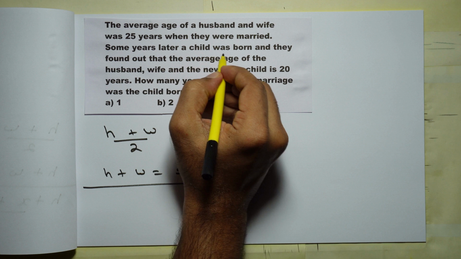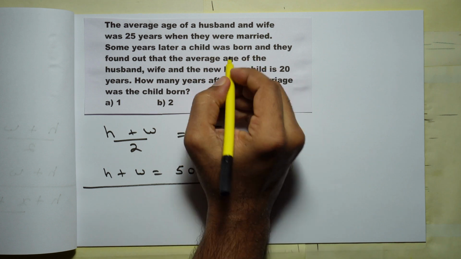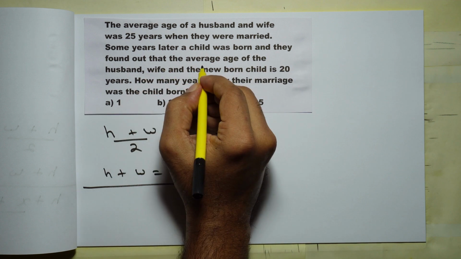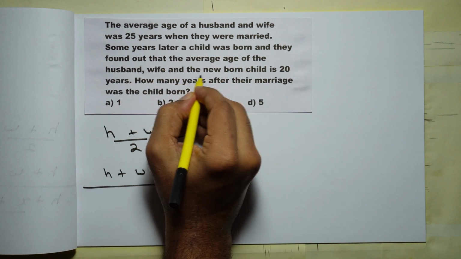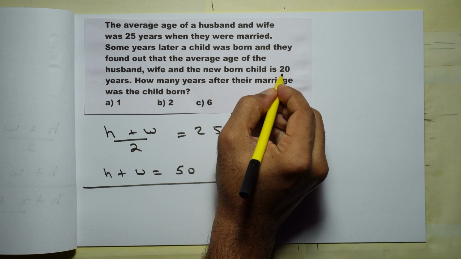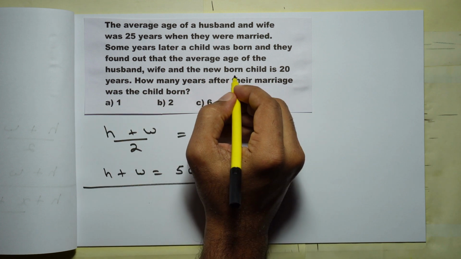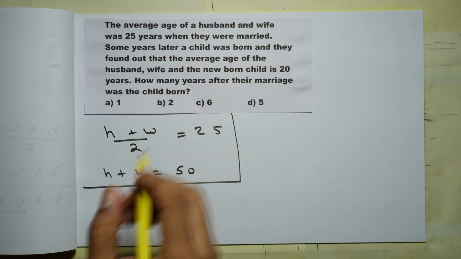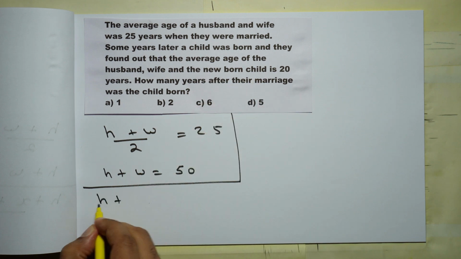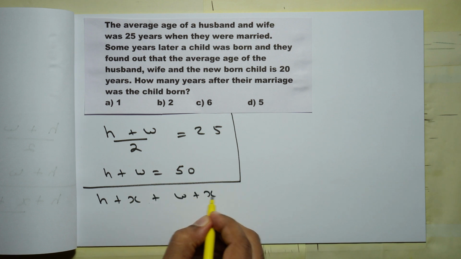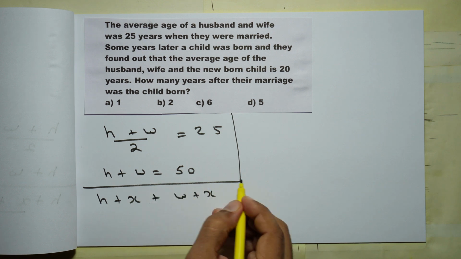Some years later a child was born. So we will assume that X years later a child was born. And they found out that the average age of the husband, wife and the newborn child is 20 years. So X years later a child was born. So when their child was born, husband's age will now be H plus X and wife's age will also be W plus X because after X years a child was born.